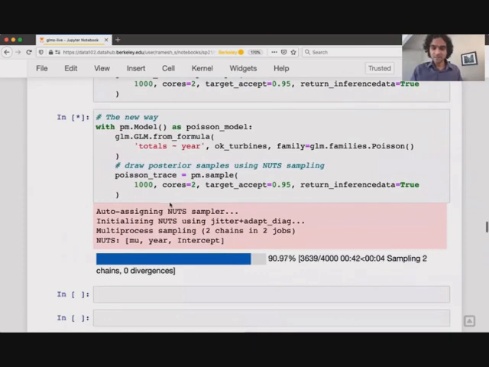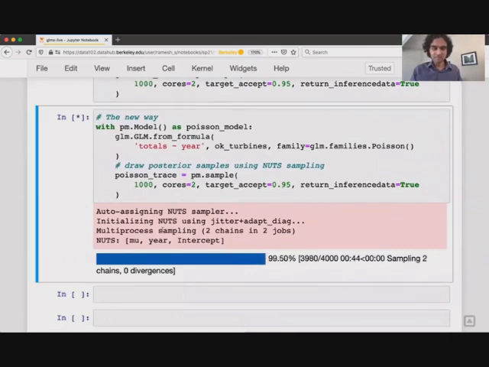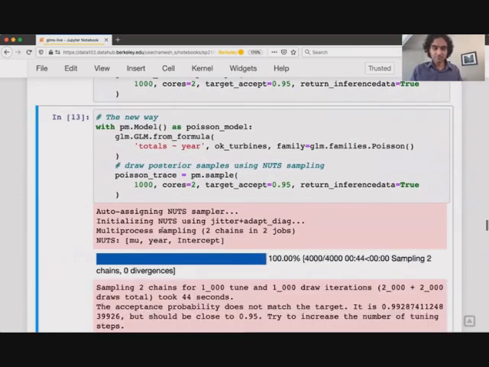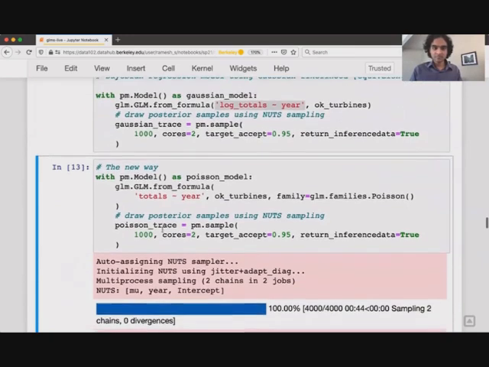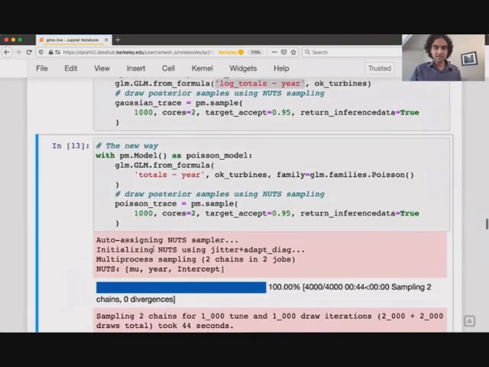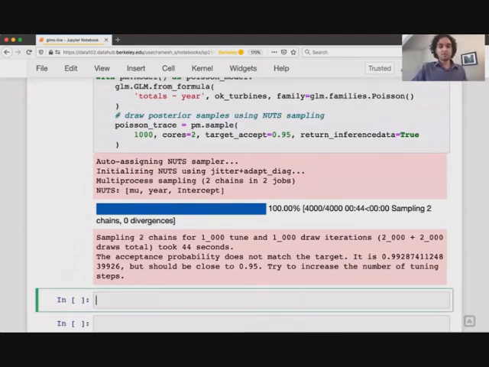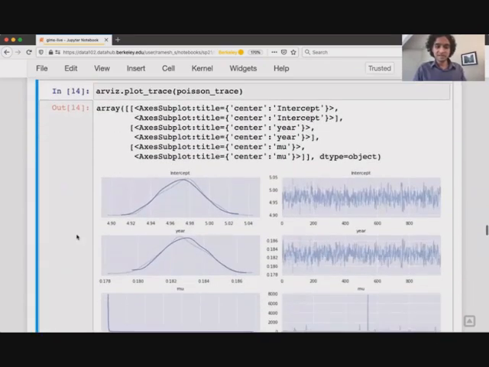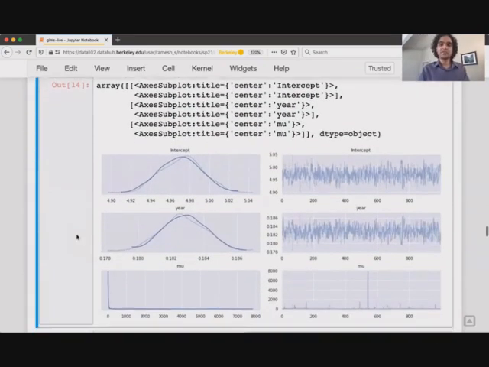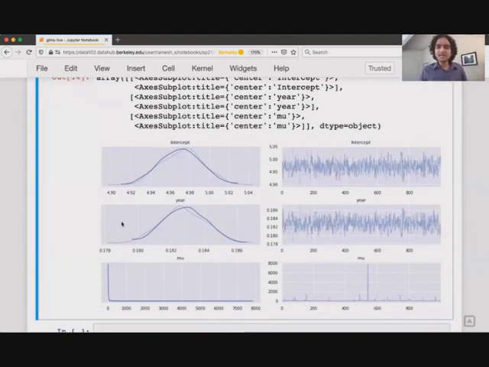So this is taking a little longer to run. And we can actually look at the trace. So again, we'll use the same kind of function we did before. And we see that now we also get out a trace. Immediately looking at this, we see that something is very different.